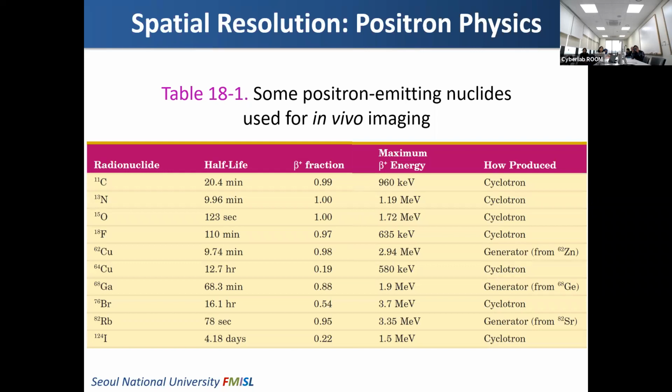So this is why the positron range of the positron from the rubidium is much longer than fluorine.